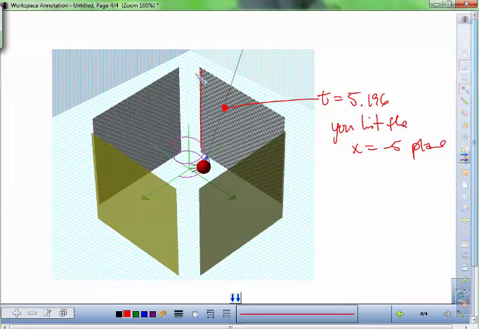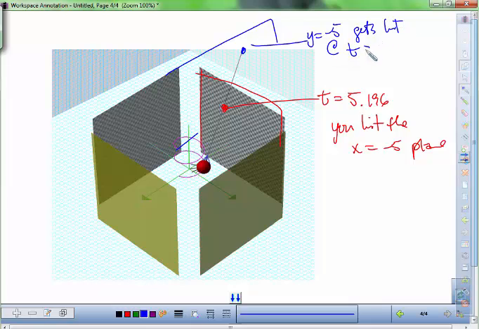That's this plane right here, x is equal to -5. And eventually, somewhere along the line, you'll hit the y equals -5 plane. So that gets hit at around 11.7-ish.